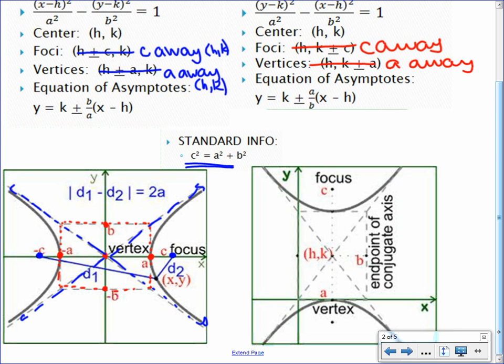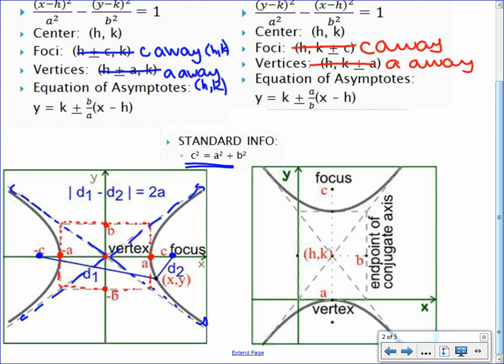Yes? Can you remind us how to write the equation of the asymptote? Yes. Let me remind you about something called point-slope form. That's what we're going to use.